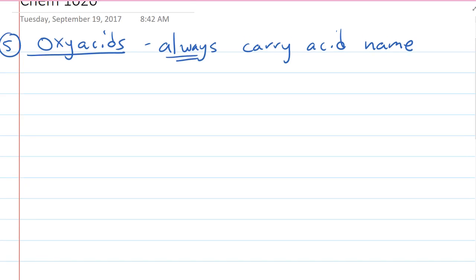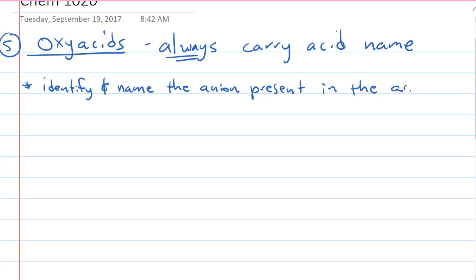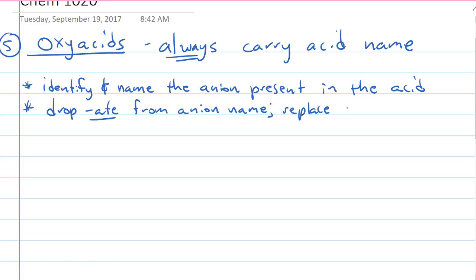And the rules for oxyacids look like this. First of all, we identify and name the anion present in the acid. And then what we do is we drop the ATE suffix from the anion name and we replace it with the suffix of IC acid.